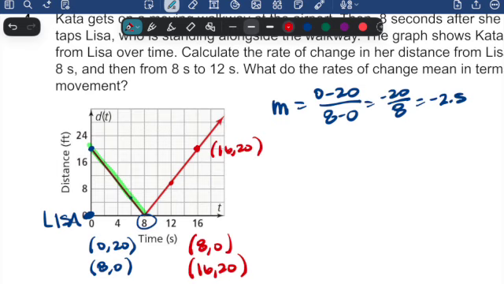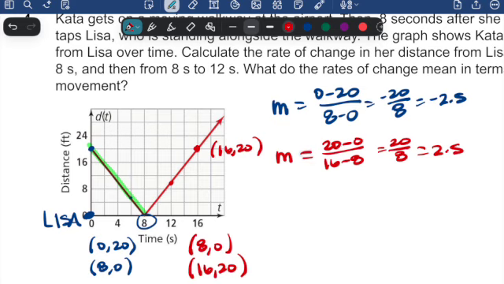For the next interval, remember, I can use a different point because it's a constant rate of change. So I can use a different point that gives me an accurate ordered pair. My first point is 8, 0. So we're going to have 20 minus 0 over 16 minus 8. We have 20 over 8. So now that's a positive 2.5. Does it make sense that it's going to be positive?